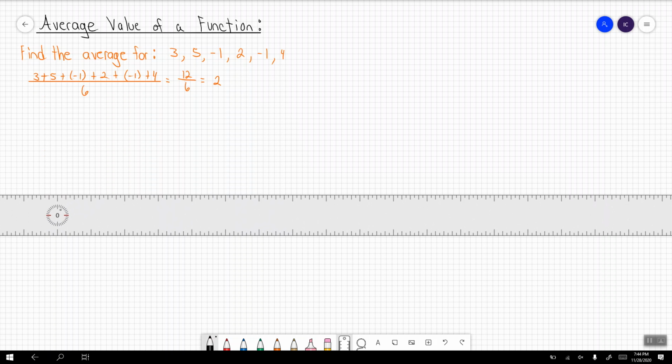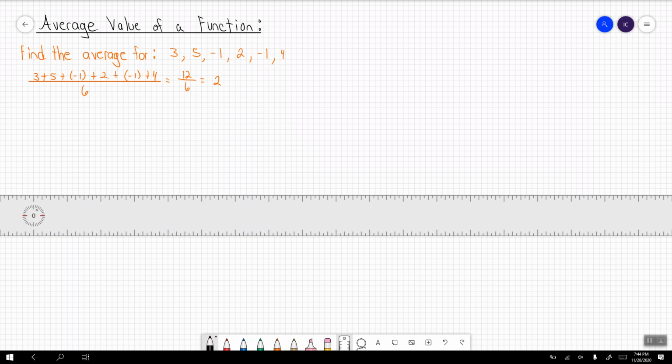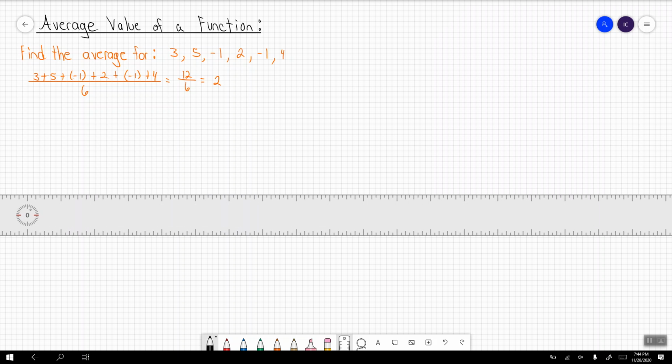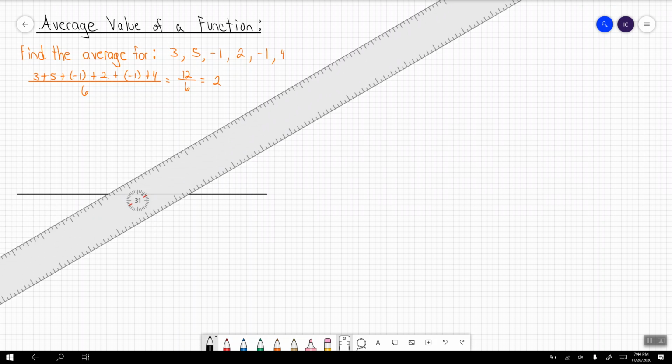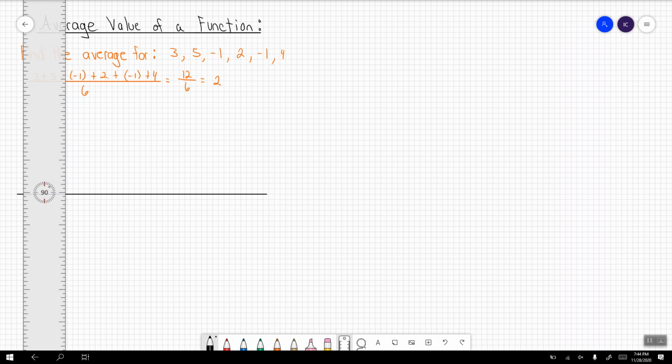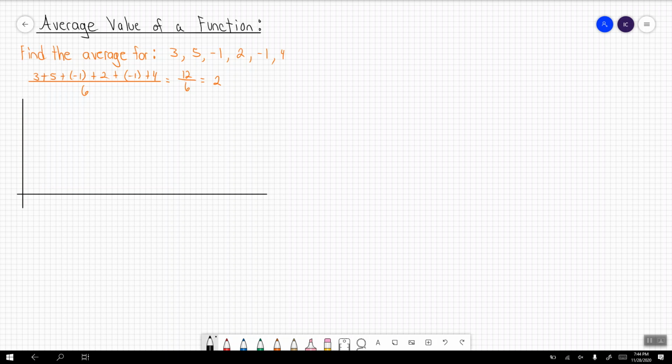All right, so what I want to do here is create this function so that I can see what's going on with it, and I can try to interpret how we're going to extract some average value. Here we go. Perfect.